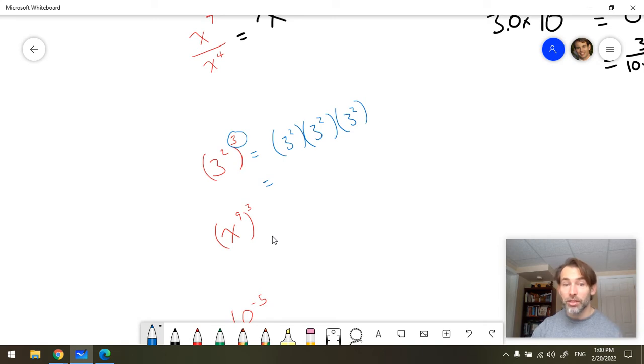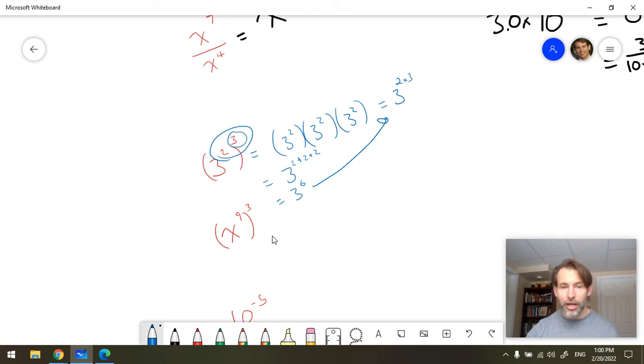We add the exponents now because we're multiplying. So this is equal to 3 to the 2 plus 2 plus 2, that's equal to 3 to the 6. But you'll notice 2 and 3 here, I could get 3 to the 6 like this: 3 to the 2 times 3.